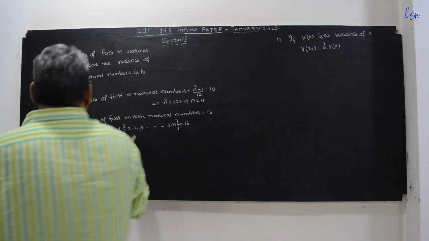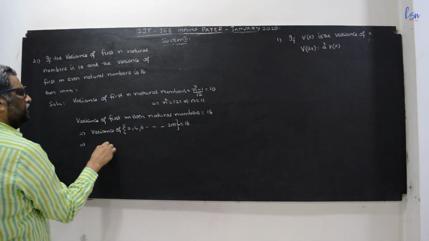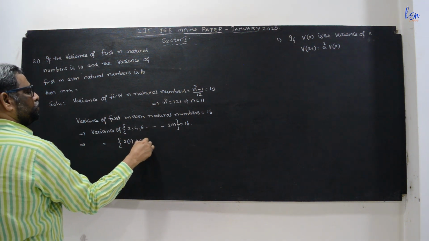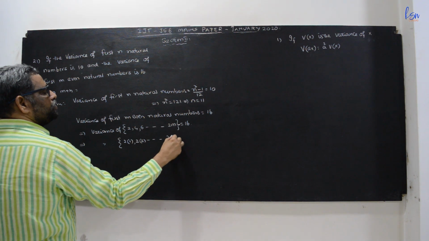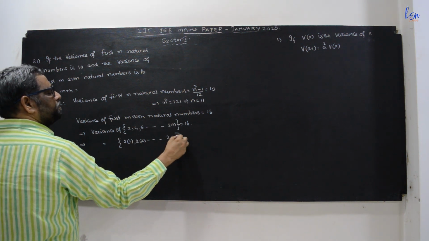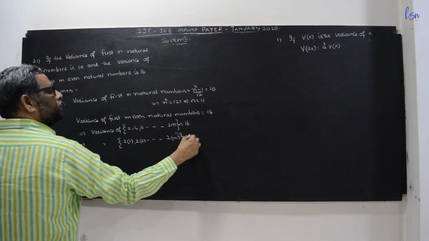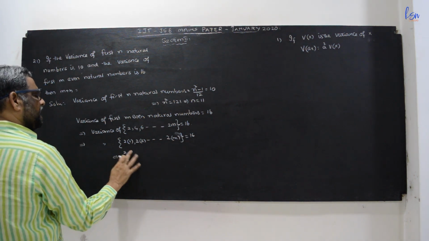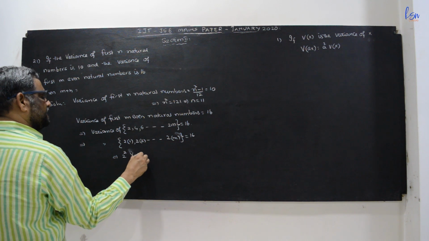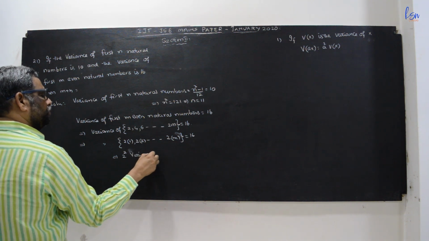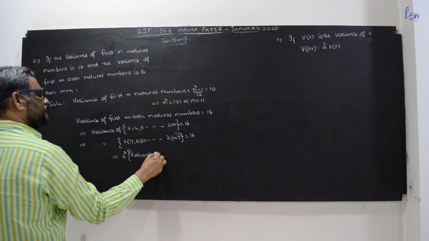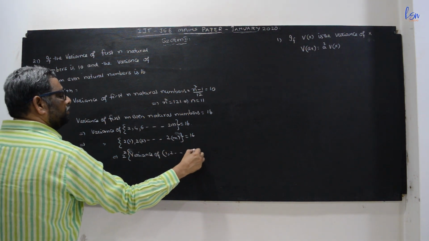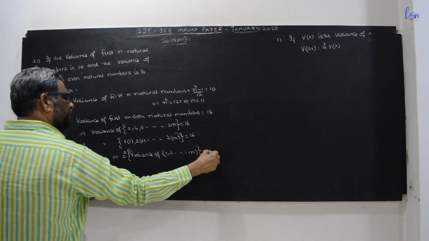So this is equal to variance of 2 into 1, 2 into 2 and so on up to 2 into m, where each element is multiplied by 2, equal to 16. This is equal to 2 square into variance of 1, 2, and so on up to m, equal to 16.